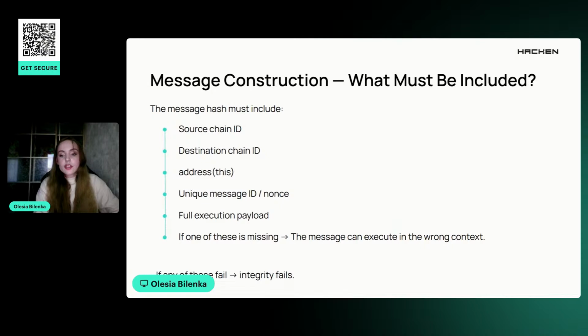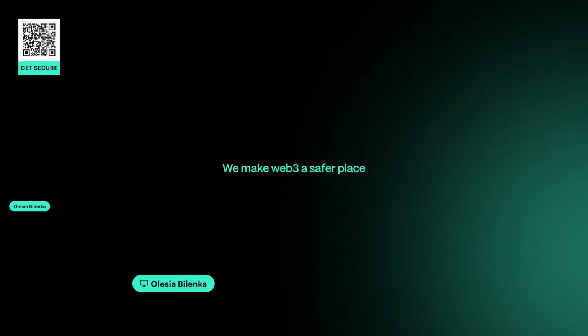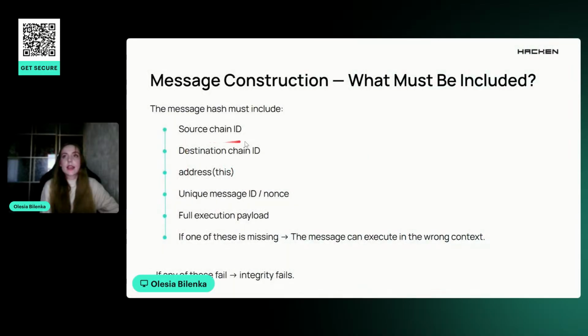So here is the checklist for any bridge audit. The message has which chain the deposit came from, destination chain ID, which chain this relayer gets, address this, specific bridge instance, unique message ID, and anything that affects the outcome, the full execution payload.